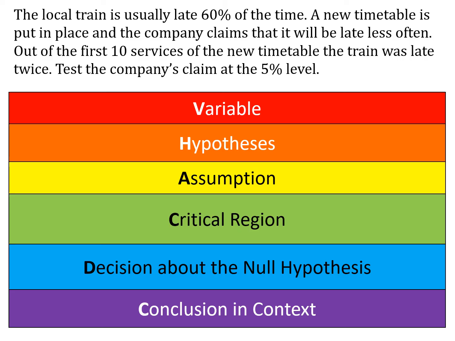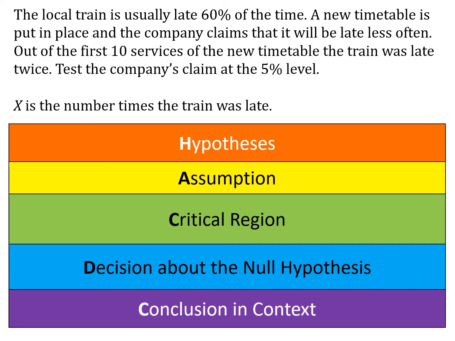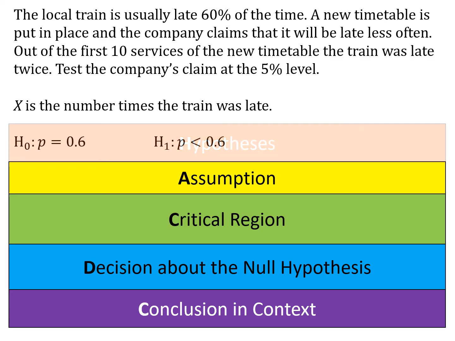So here our variable is going to be the number of times that the train was late. The hypotheses, well, the null hypothesis assumes that nothing's changed and therefore the probability that it's late is 0.6. Whereas what we're testing is whether the train is now late less often, i.e. the probability that it's late is less than 0.6.